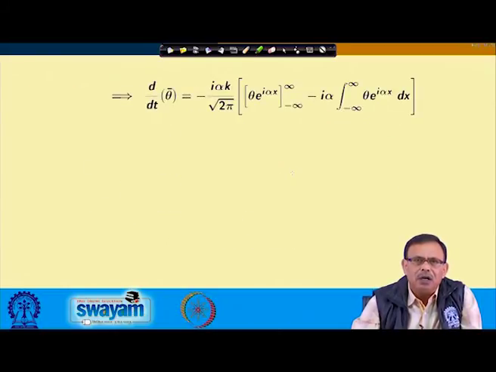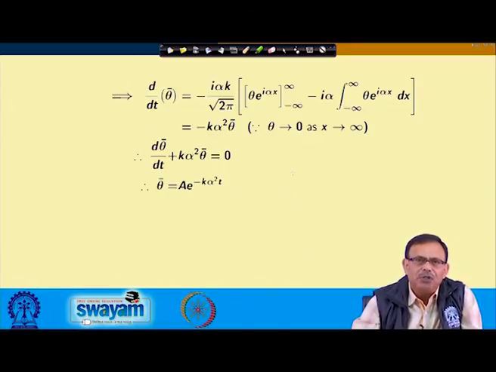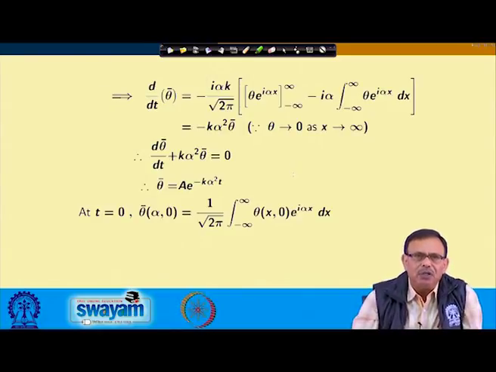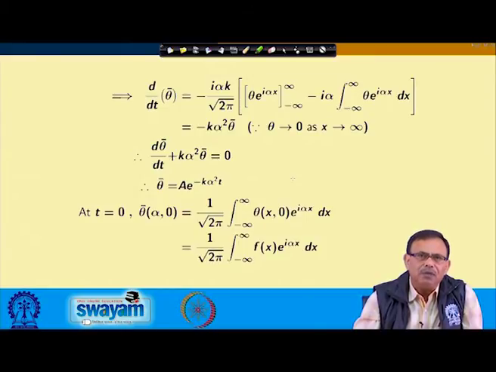Now, the second integral I am again evaluating by integration by parts, and this ultimately becomes minus k alpha square theta bar, where theta approaches 0 as x approaches infinity is given to us. So, I am getting the differential equation like this, whose solution is theta bar equals a e power minus k alpha square t. So, I have to find the value of a at t equals 0, theta bar alpha 0. This equals 1 by root 2 pi, integral from minus infinity to infinity, theta x 0 into e power i alpha x.